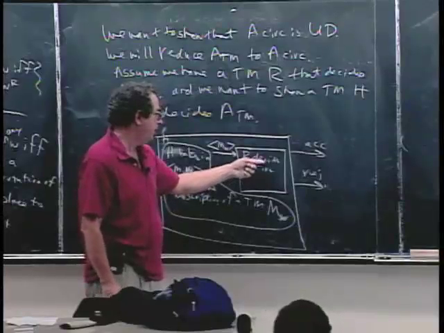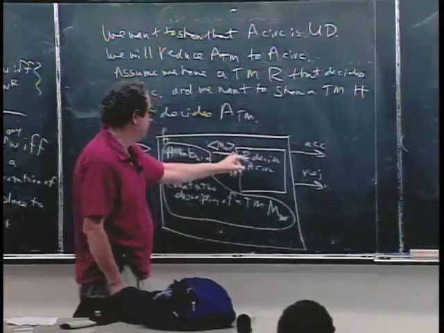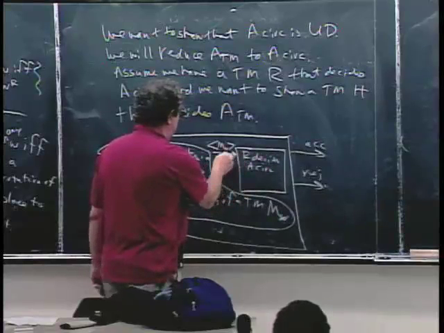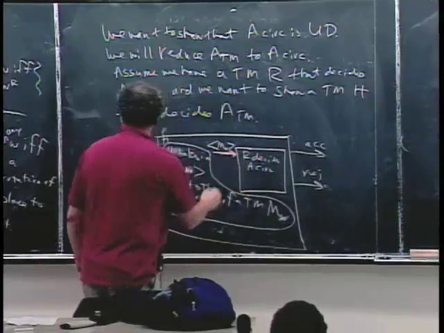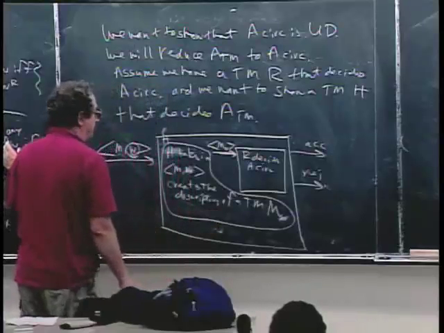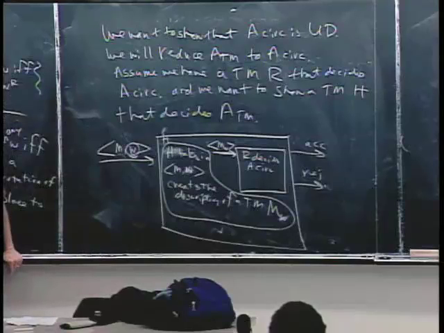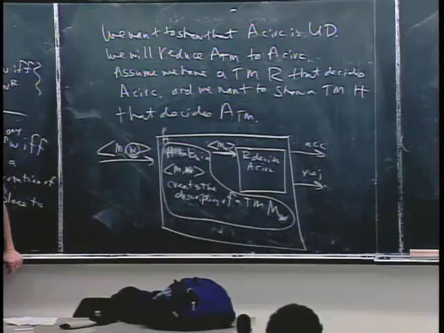We want R to decide whether MW, whenever it accepts a particular input string, accepts its circular rotation. And the other way around. Whenever it accepts the circular rotation, it accepts the string.